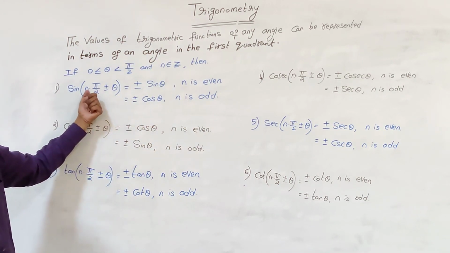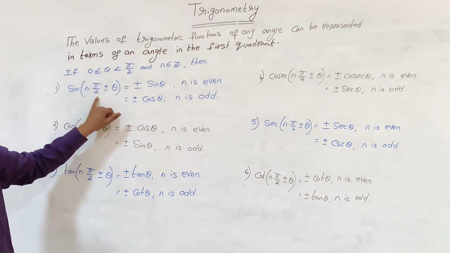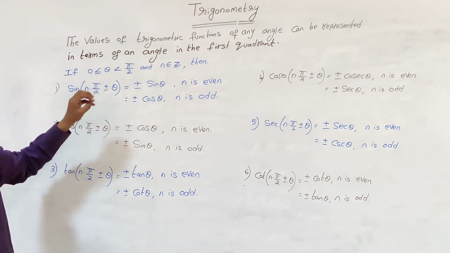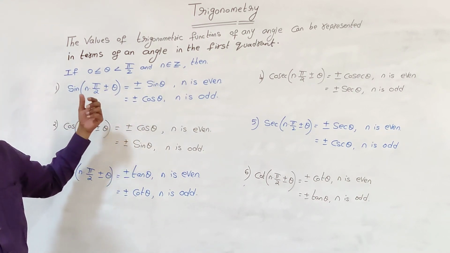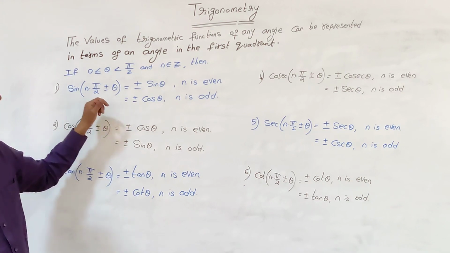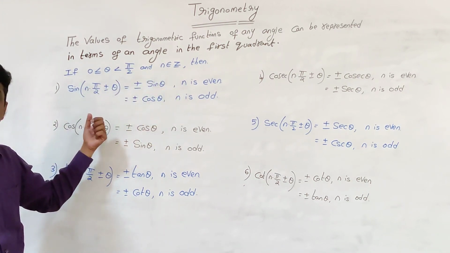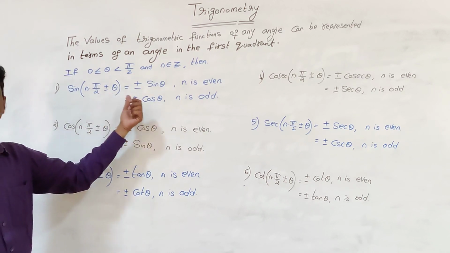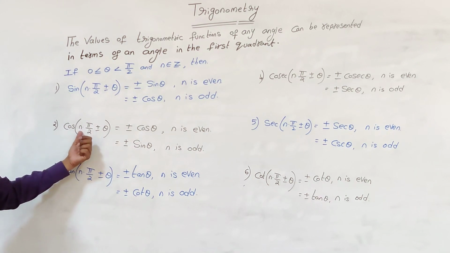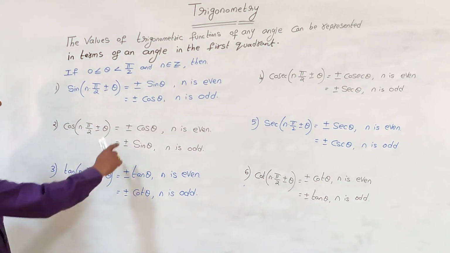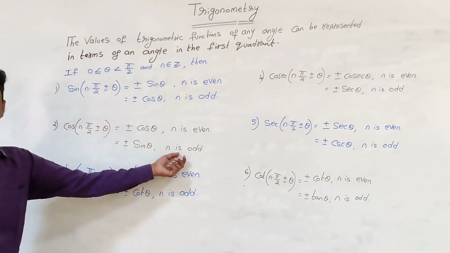What is n? It is an integer. Pi by 2 means 90 degrees. N is even means even integers, so it is an even multiple of 90 degrees. If n is odd, then it will be an odd multiple of 90 degrees. If it is an even multiple of 90, the trigonometric ratio doesn't change. If it is an odd multiple of 90, the ratio changes to cos. Similarly, cos of n times pi by 2 plus or minus theta will be plus or minus cos theta if n is even, and plus or minus sin theta if n is odd.